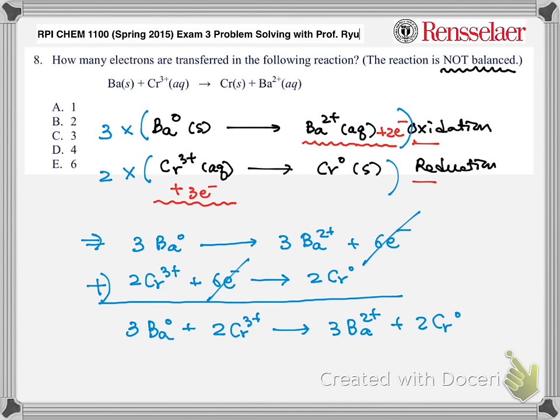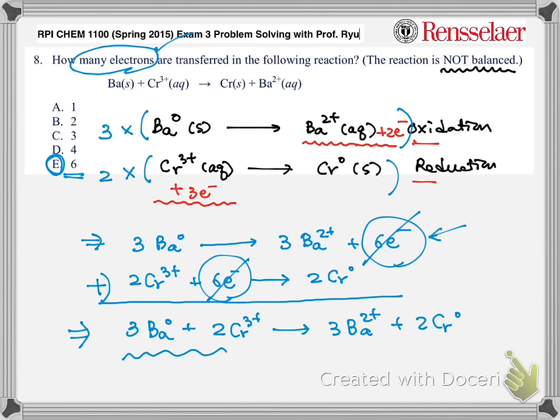The question is how many electrons, so they are asking about this, which is 6 electrons. So the answer for this one is 6 electrons being transferred here, and the resulting balanced equation is this.